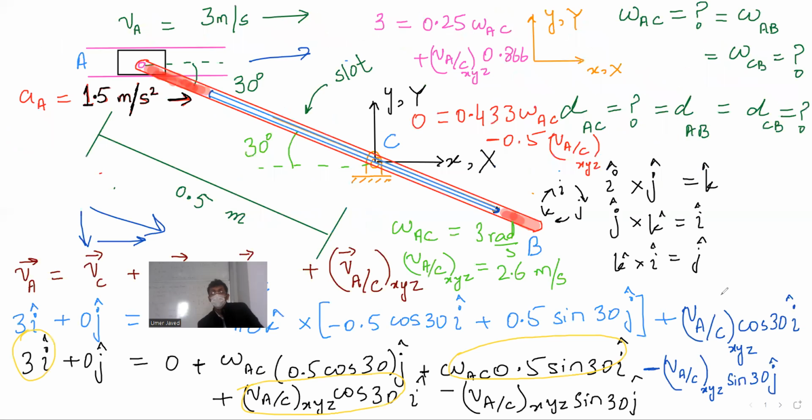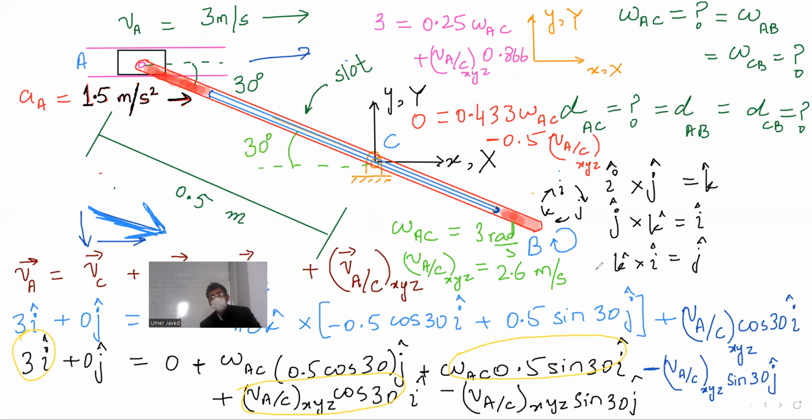Hang on. Look, all of you told me that this is our answer, and please be careful. Here you have to mention that my clockwise assumption turned out to be correct. Omega is clockwise. What about VA with respect to C small xyz? The answer came out to be positive. And I still remember that I made these arrows, if you remember. Wow.